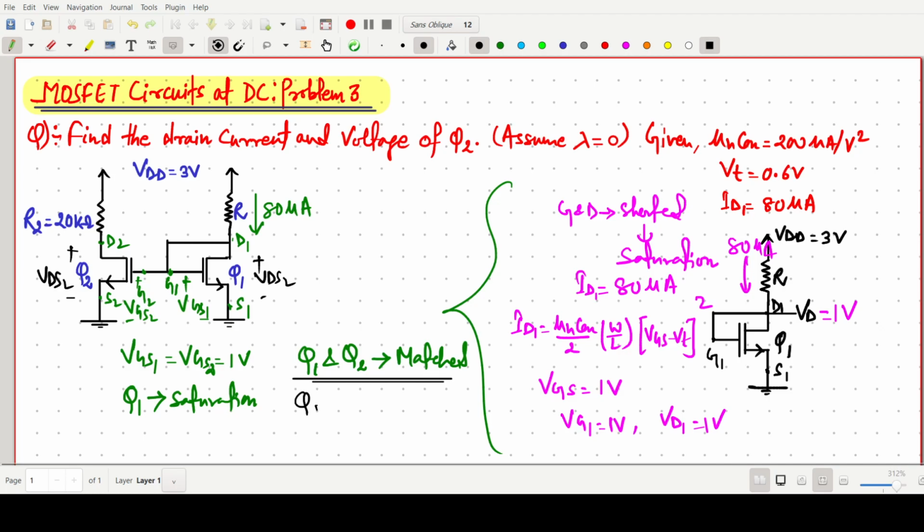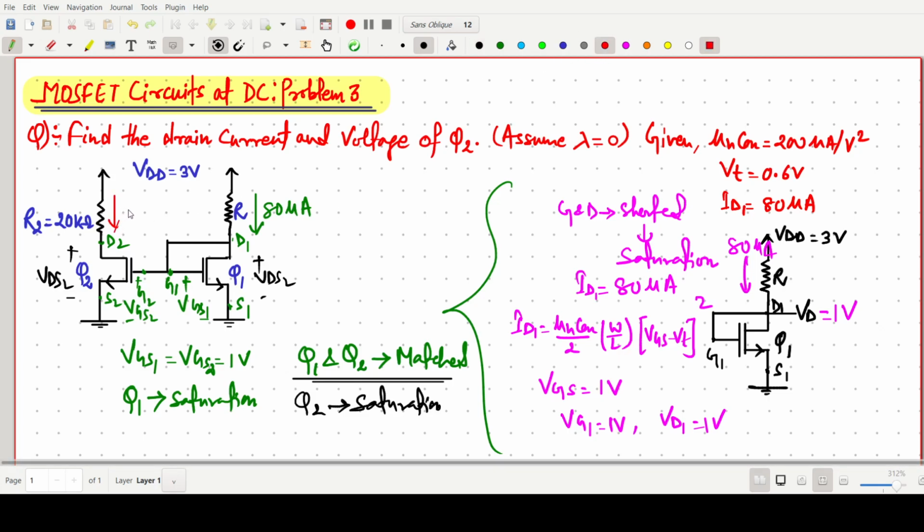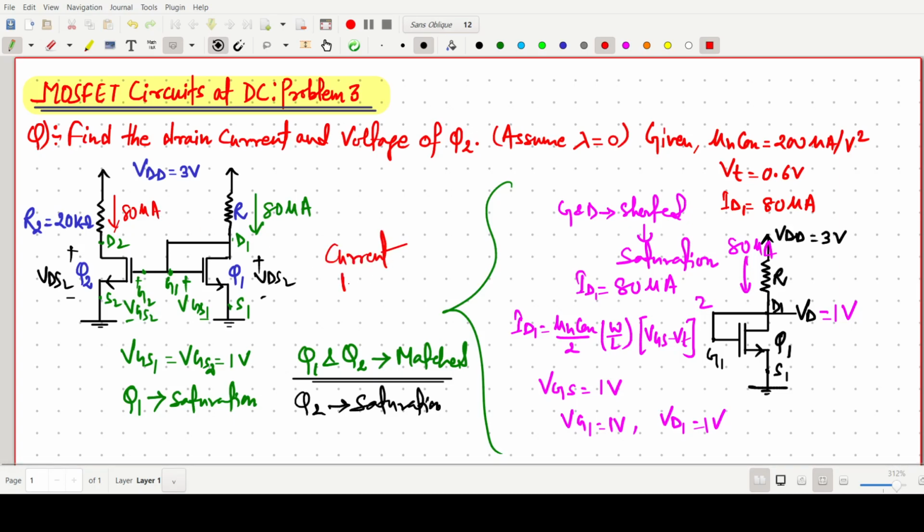So Q2 transistor is also in the saturation region. So almost the same current will flow from this one, that is our 80 microampere, and this was a very famous example of current mirror. Okay, the same current will be replicated here, 80 microampere to 80 microampere, when this kind of structure is there. So this one is 80 microampere.